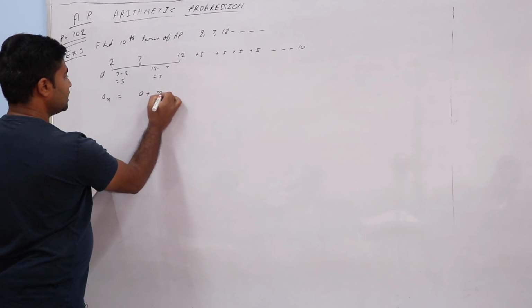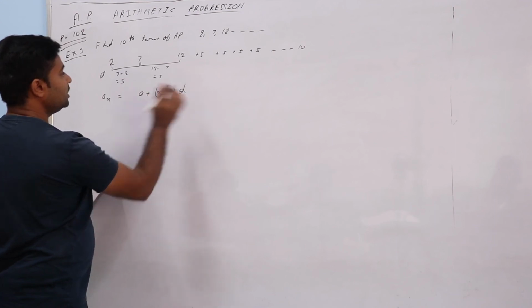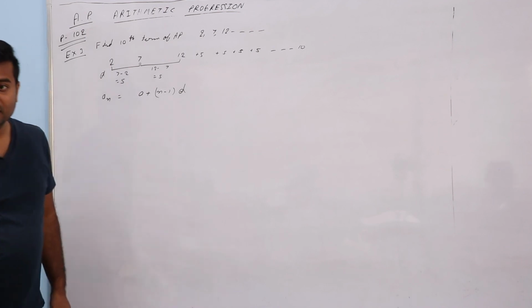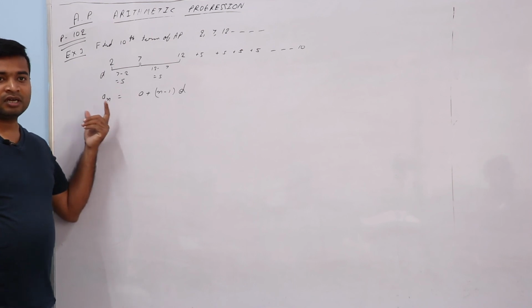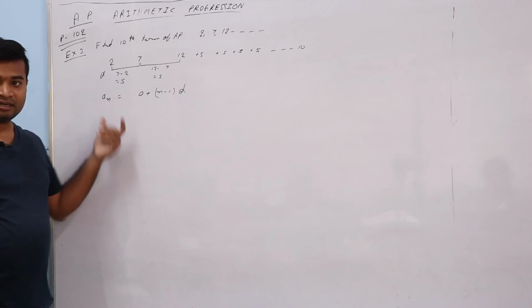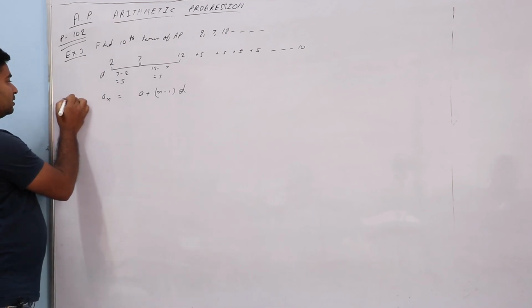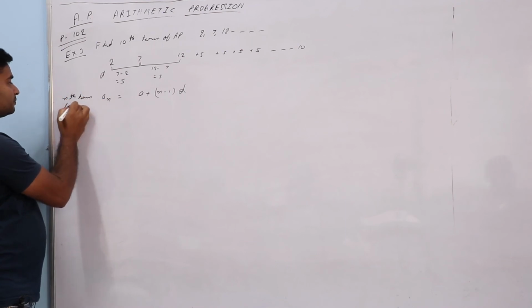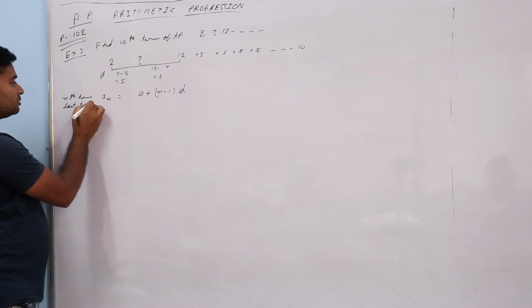A plus n minus 1 into D. This is called either the nth term or the last term also. I am writing here: either nth term or last term.